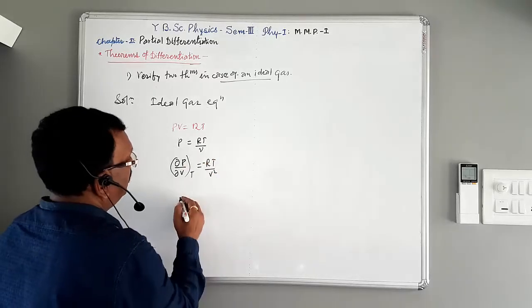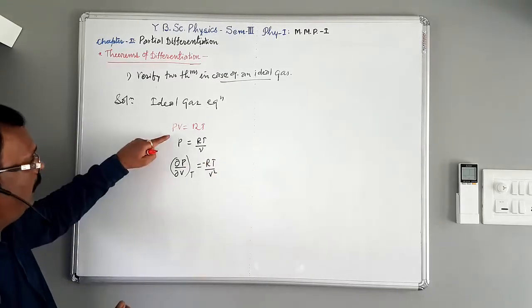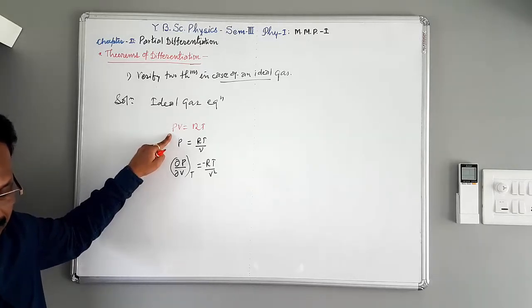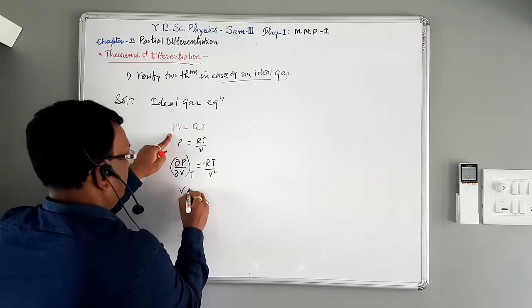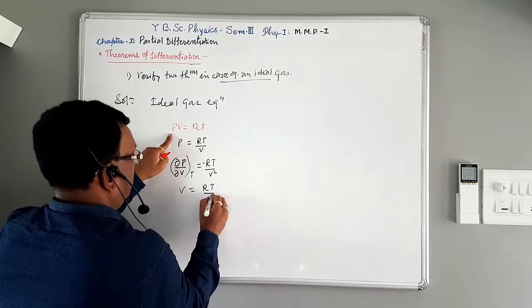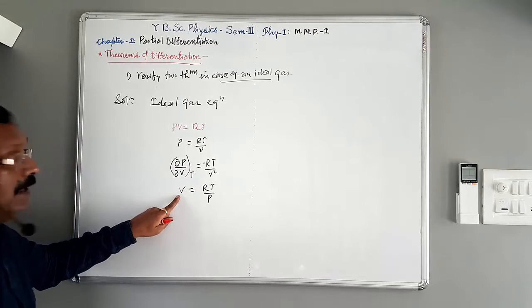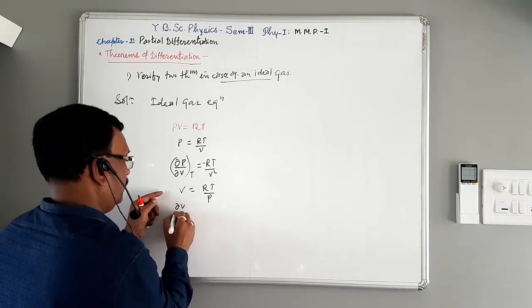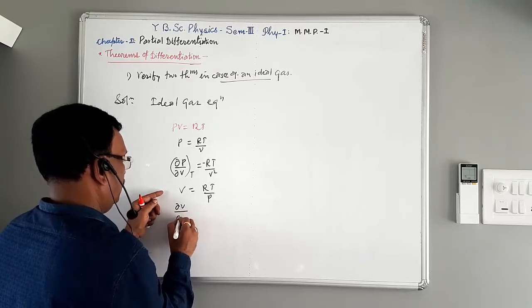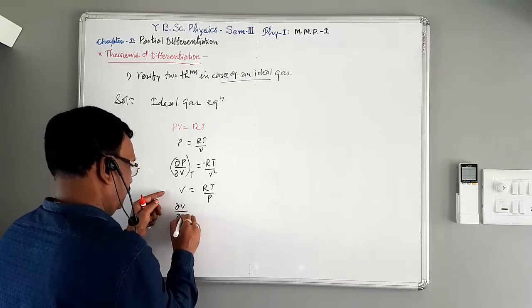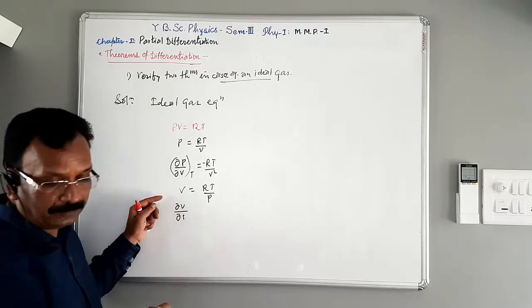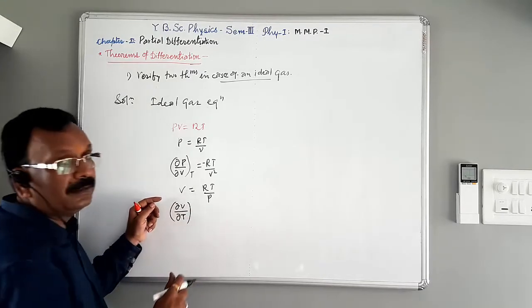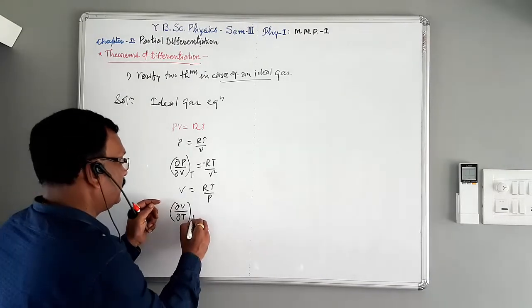Now again from this equation we can write the value of V. V is equal to RT upon P. Differentiate this equation with respect to T, keeping P constant.